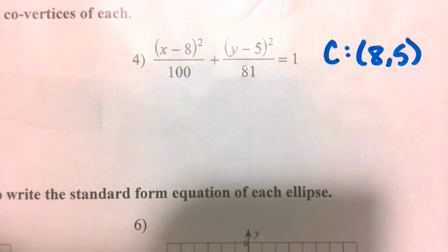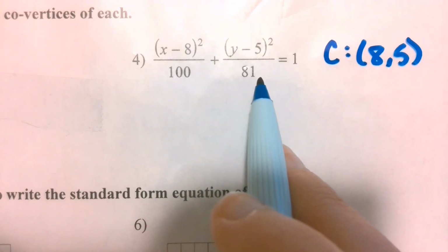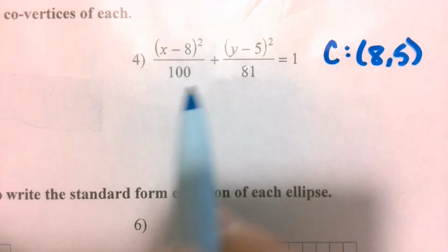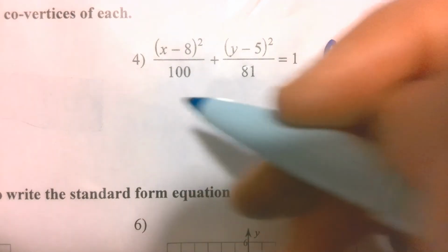And that center is really important to find first because my vertices and co-vertices both are formed from the center. So moving from the center left and right, moving from the center up and down. So first, looking at these two numbers, I can see that my vertices, the longer length from the center here, is going to be my x direction because it was the bigger number.